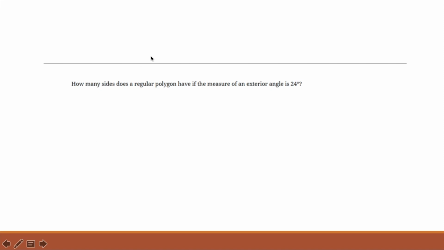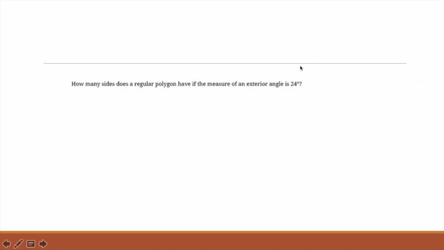How many sides does a regular polygon have if the measure of an exterior angle is 24? When you say regular polygon, that means all the interior angles are equal. That is the theory you need to understand. Regular polygon means all sides are equal, all the interior angles are equal.